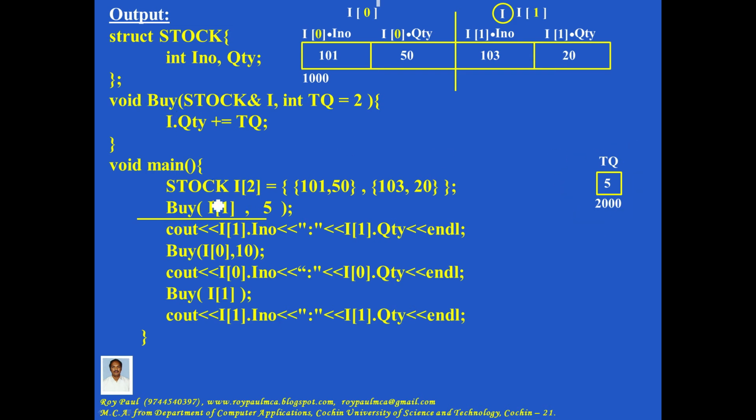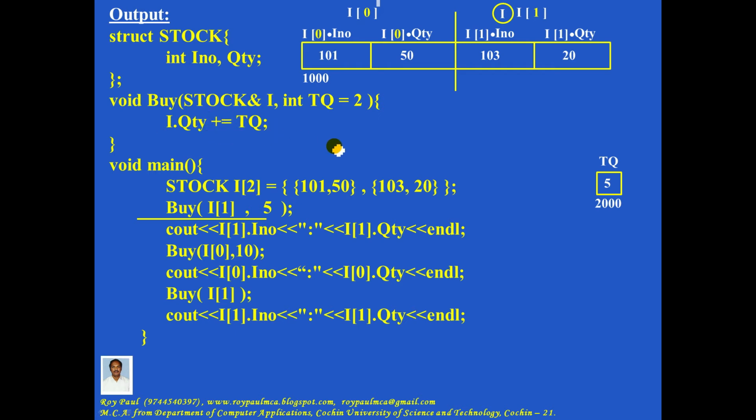So when you call this function, finally the control came here. The first argument is passed to the first parameter; the ampersand sign is there, so I is another name for I of 1. The second argument is passed to the second parameter like this. Now, inside the function, plus equal to is a short form.